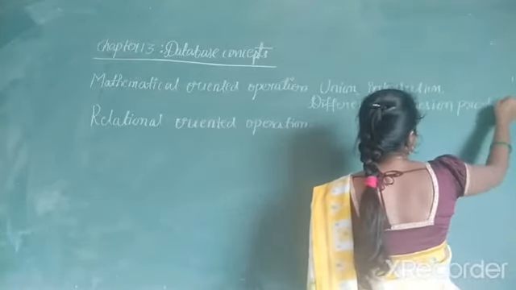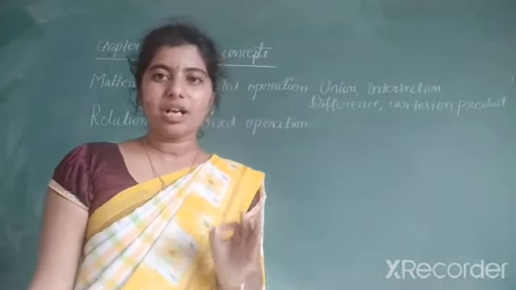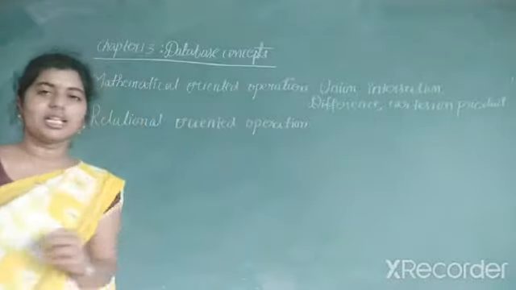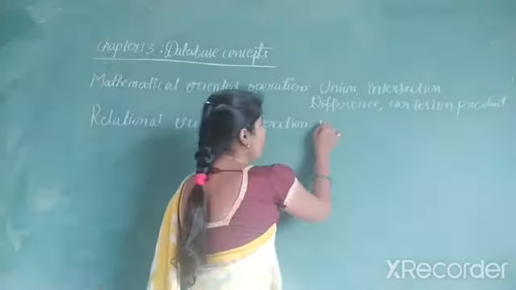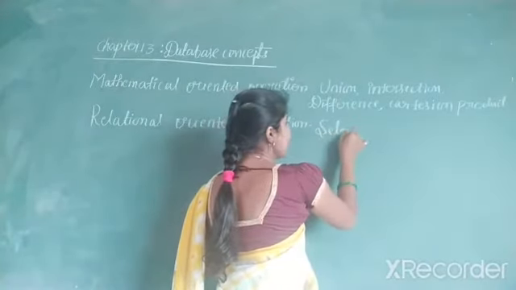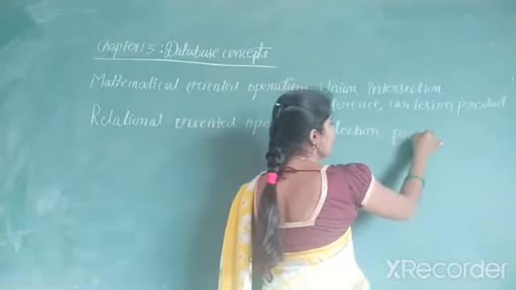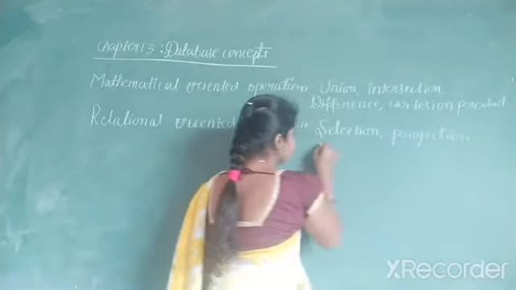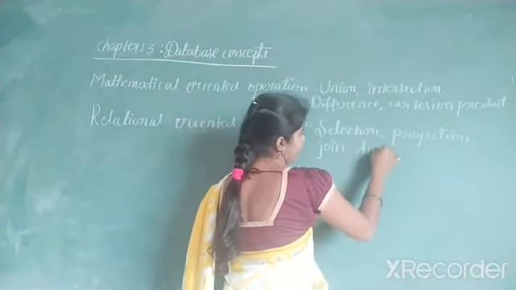So these are the mathematical oriented operations that we are going to study in today's class. And when you consider the relational oriented operations, under this topic the operations are called selection operation, projection operation, join operation and division operator.